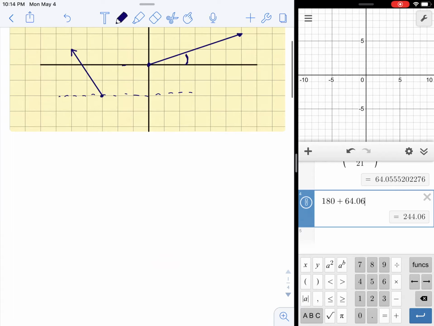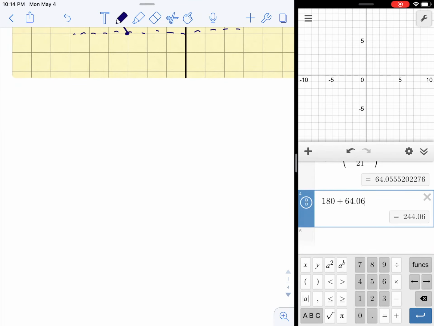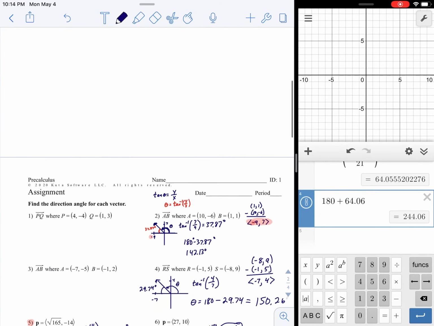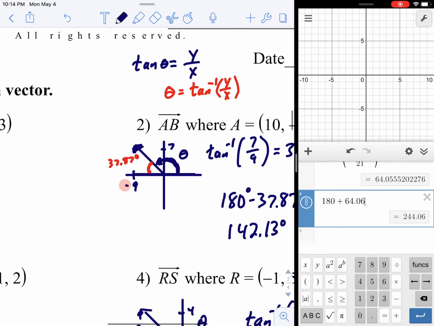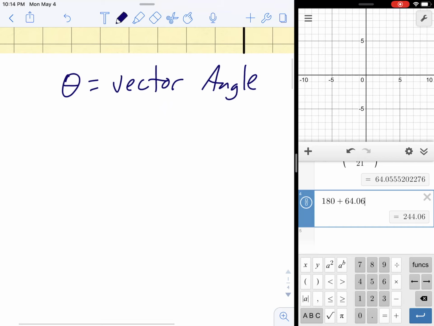So here, let me write this down maybe as a little formula. So if theta is the vector angle, the first angle you get is not necessarily the vector angle, it's a different angle, and then you have to calculate the vector angle. So we can use a different symbol.